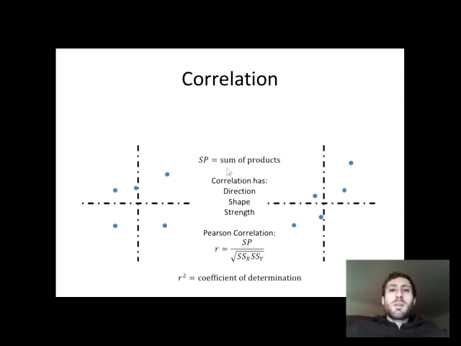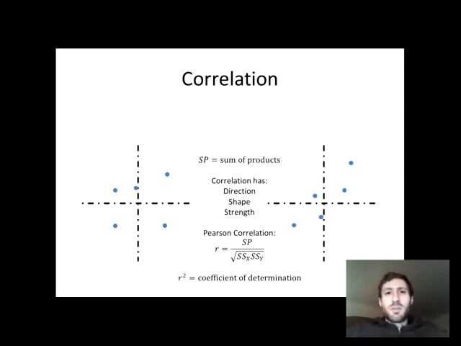So what we do with the sum of products is we have matching scores from two different samples. For example, height and weight. I have a height of 6 feet and a weight of 180 pounds or something like that. I have a height of 5 feet and a weight of 120 pounds. So each set of scores are matched, and we're looking to see if there's some sort of correlation.